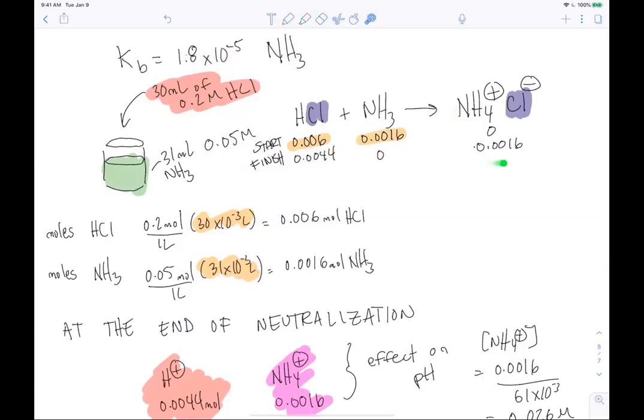Okay, what you're saying makes good sense. Then you have to worry about this. If I'm past that, so if this number ends up being greater than this, then I don't have to worry about this. If I have less HCl, so all of it is consumed, then again I have to worry about the amount of salt that I have over here.